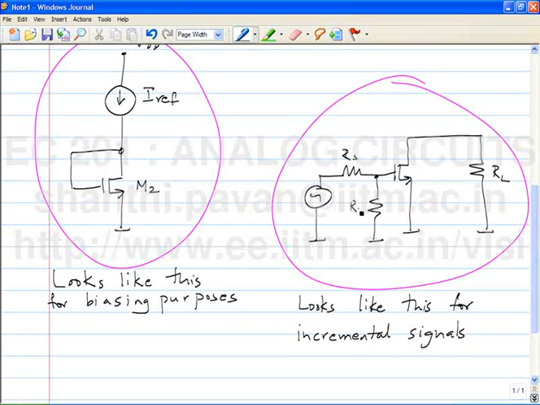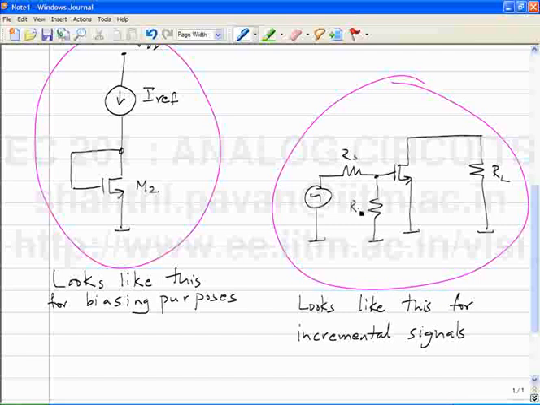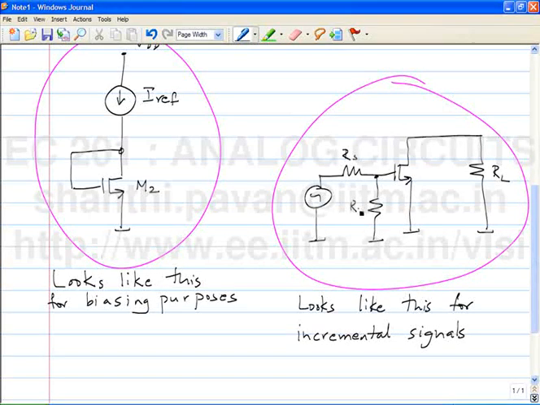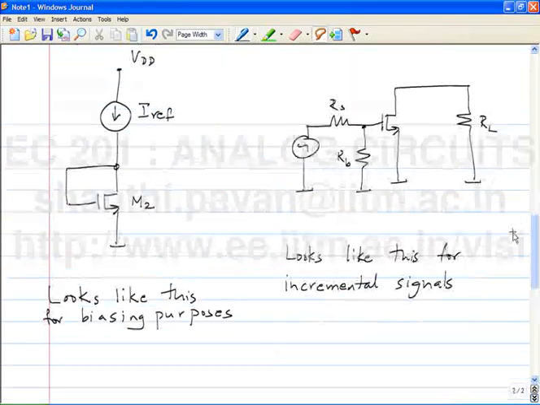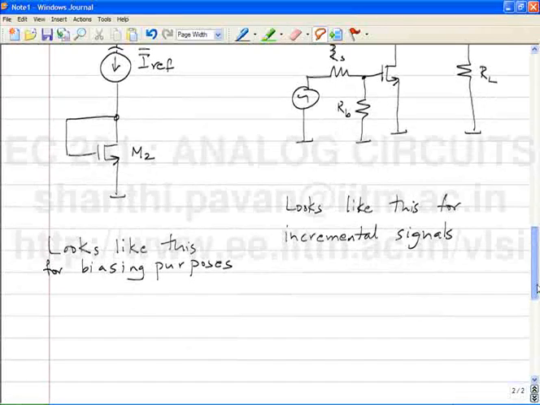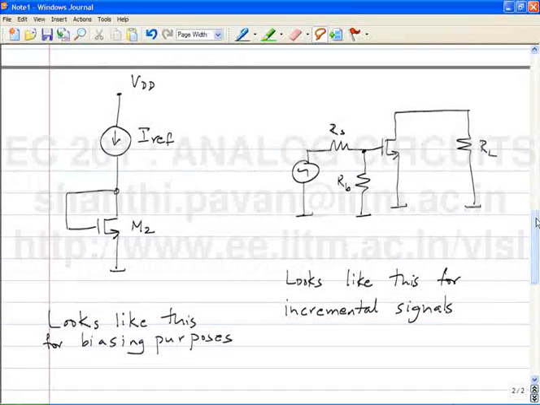Pardon? Somebody says I need a capacitor at the gate. Why would I need a capacitor at the gate? So adding on the source and the load is actually quite straightforward. Once we figure out the bias, the load can be added on to the drain in a very straightforward fashion. Correct?